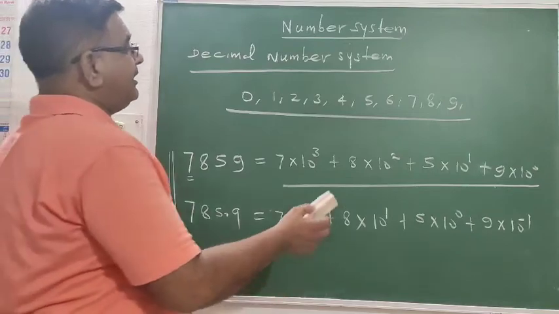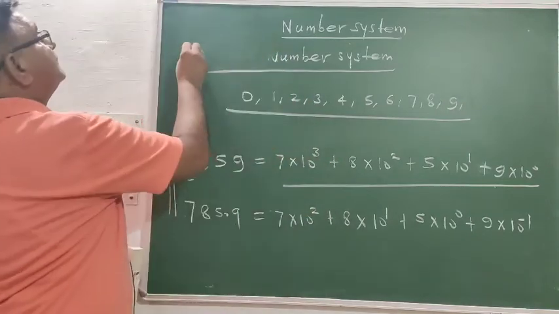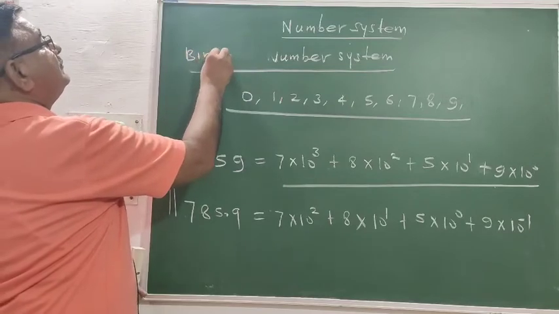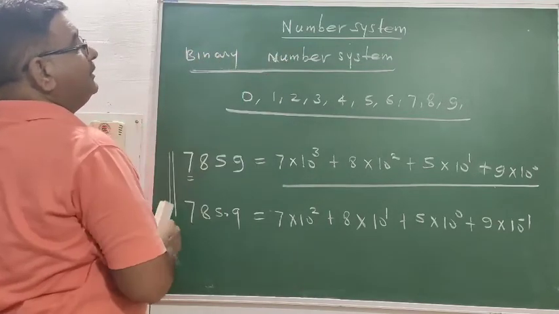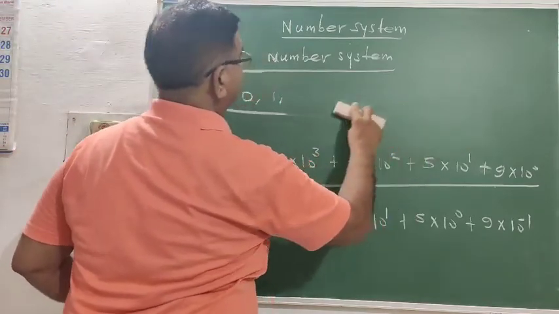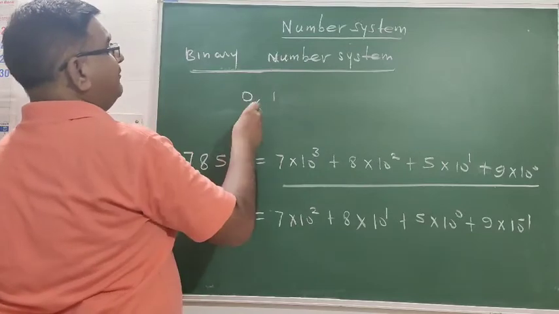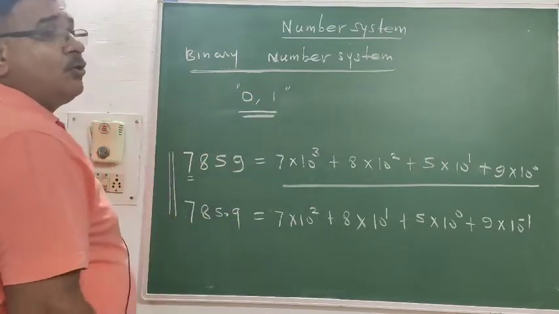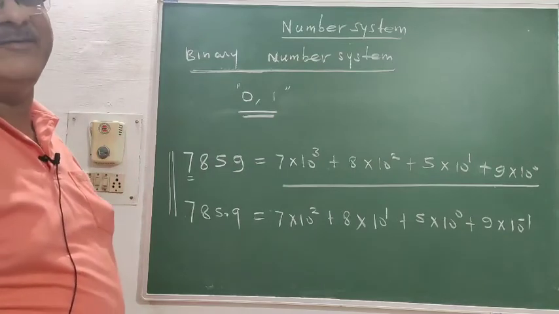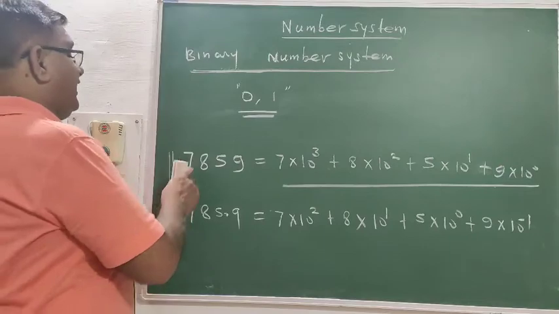In the binary number system, we have only two digits, 0 and 1. Every number is written in the form of 0 and 1. This is called coding language, known as computer language.